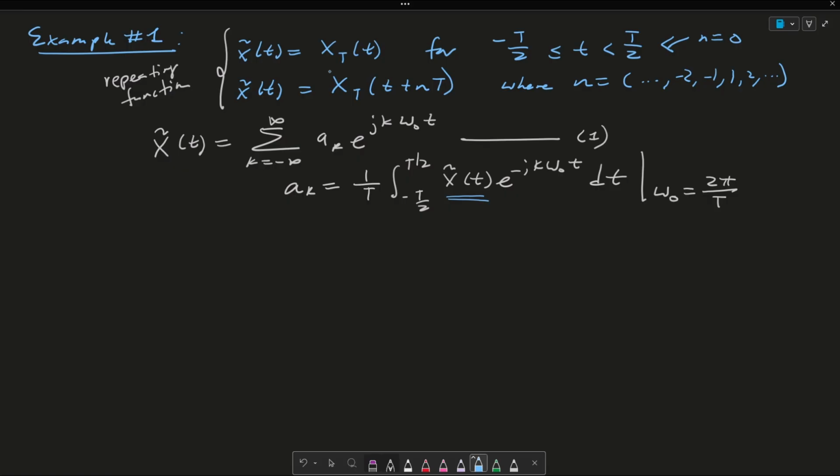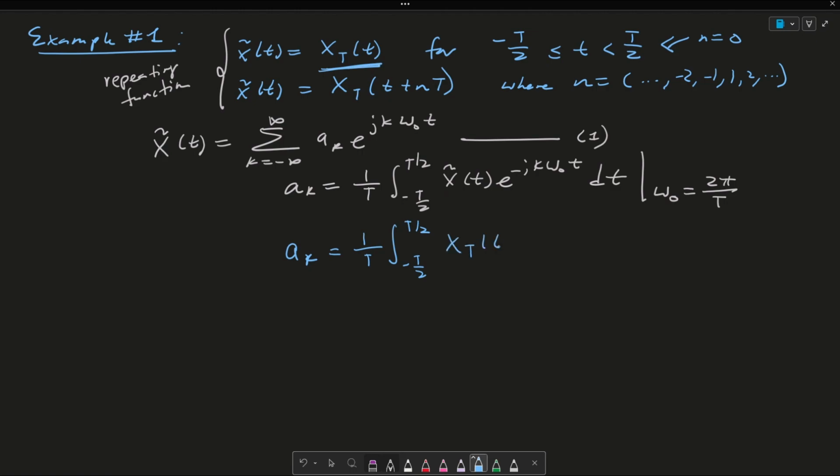So then to continue analysis, we can say that since x tilde of t is equated to x capital T of t, or this window function, in this range minus T over 2 to T over 2, we can essentially just replace this x tilde of t with this window function here. So what that looks like is I can say that a k is equals to 1 over T, my integral from minus T over 2 to T over 2 stays, but x tilde of t is essentially just this value here, right?